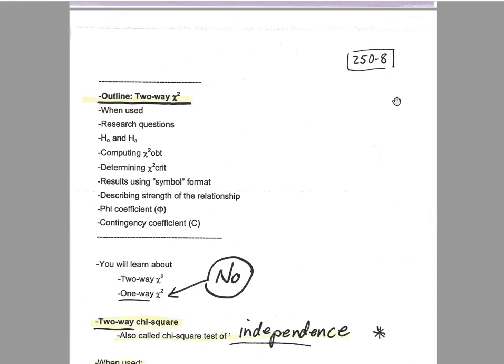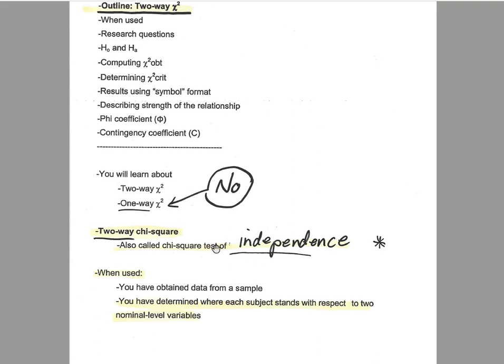So, still on page 250-8, the two-way chi-square test, also called the chi-square test of independence. Might sound like a strange name to you right now, but in a minute we'll see that the word independent has specific meaning to a statistician, and we'll see why we call the two-way chi-square test the chi-square test of independence.